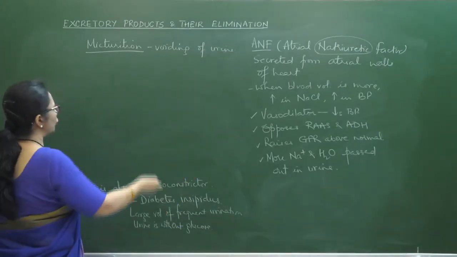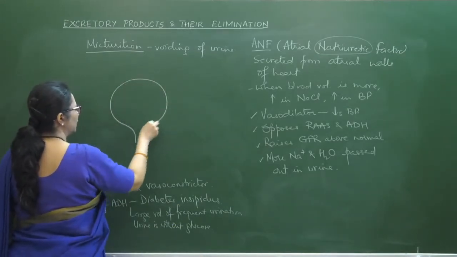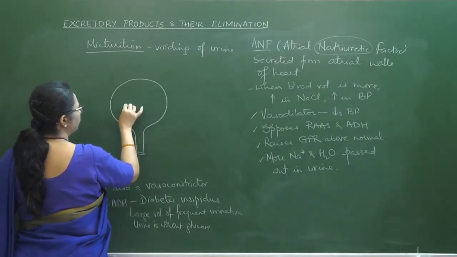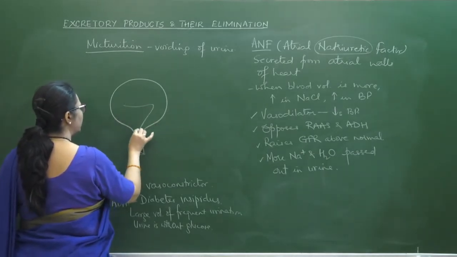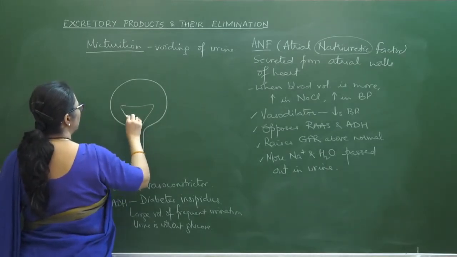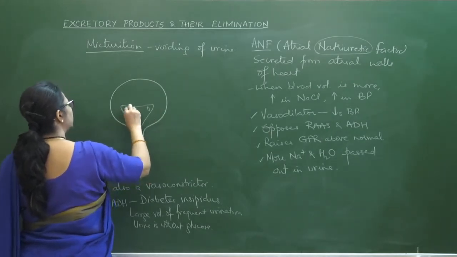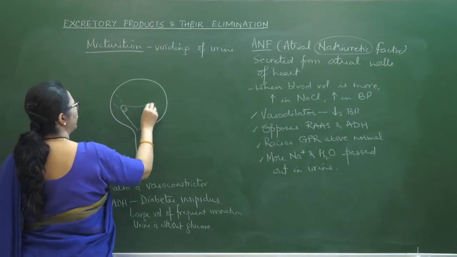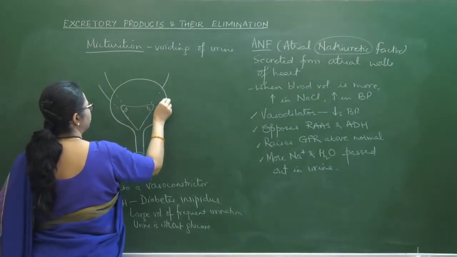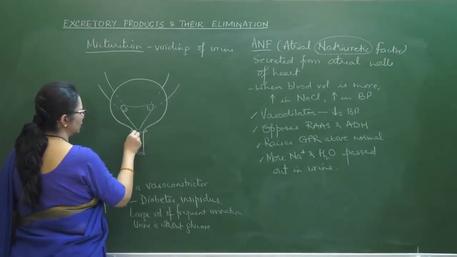Okay. So if we see the urinary bladder, this is how it goes, and within it, inside, there is going to be a triangular structure here, which is called a trigone, and here there are oblique openings of the ureters coming over here. Okay, like this, and here there are two sphincters.